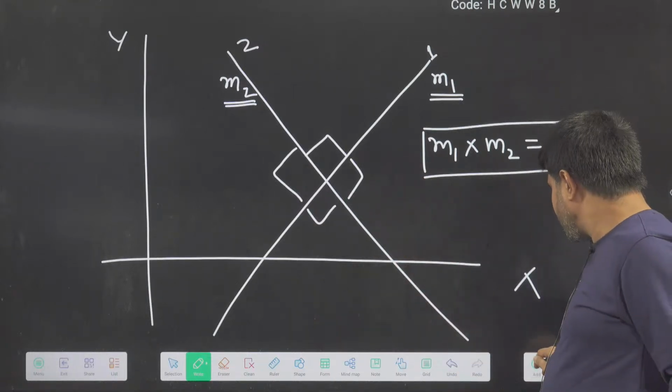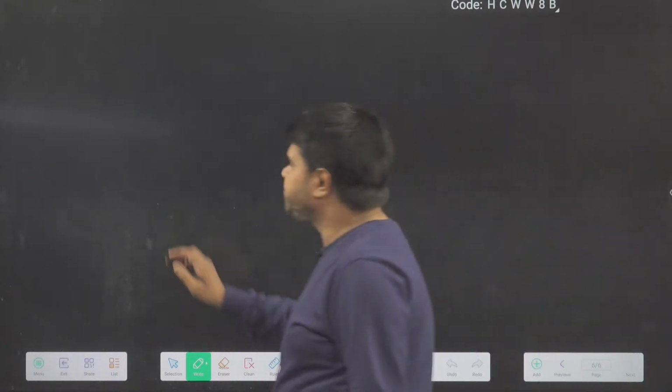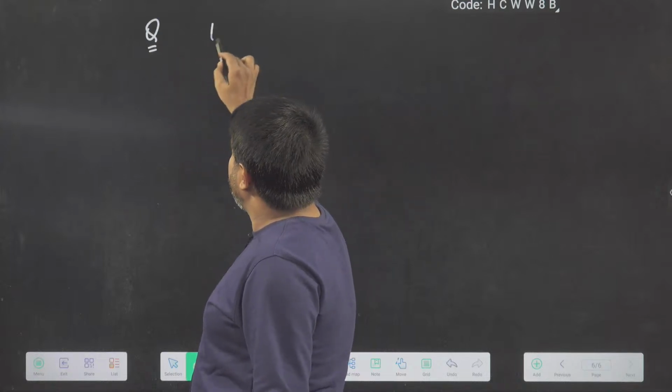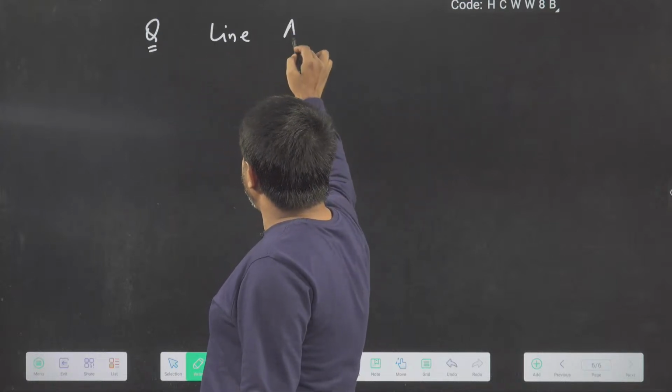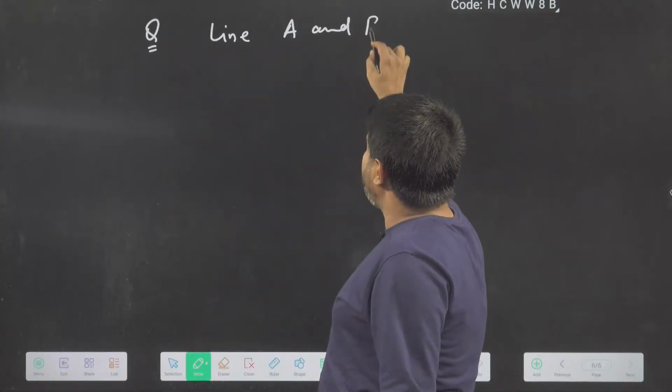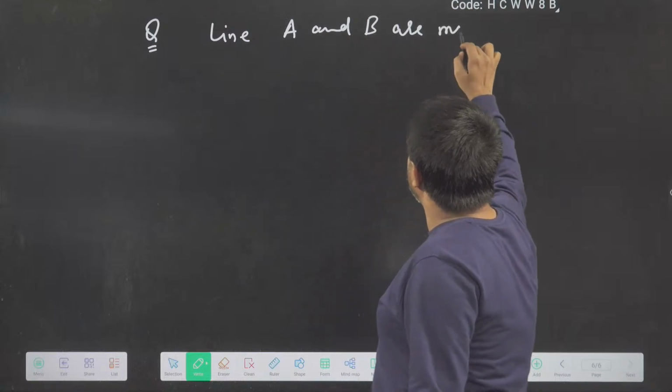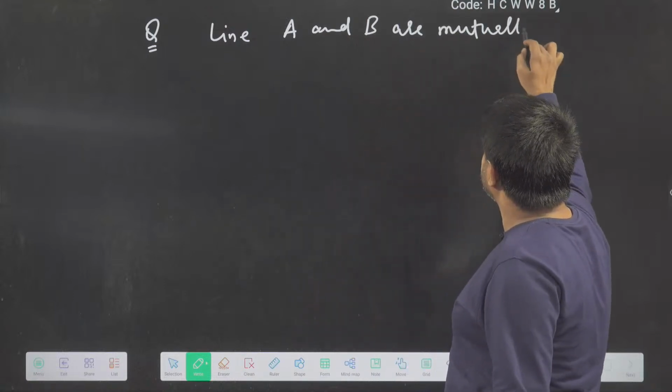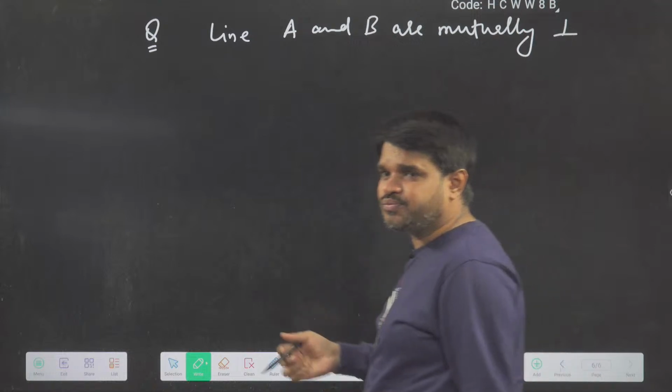Write the question. Lines A and B are mutually perpendicular.